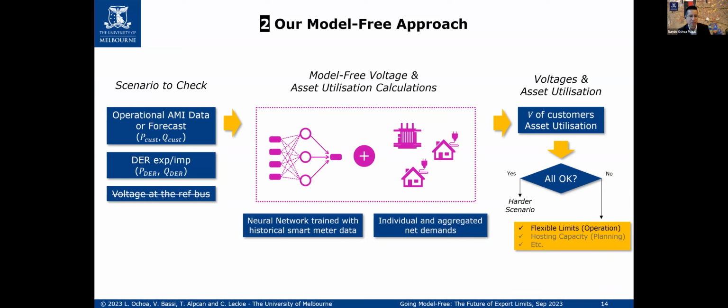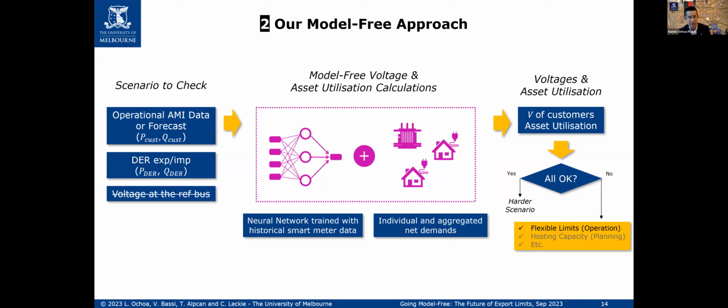Now, how do we do this? Well, what we are proposing here, and perhaps there are other regression methods, machine learning methods, but what we used was neural networks. And we were able to demonstrate, as Chica correctly mentioned, that you can actually produce with smart meter data, and not a lot of it, actually, just 3 weeks, 5-minute resolution, P, Q, and V, you can actually extract the physics of the network, the low voltage network, all right?